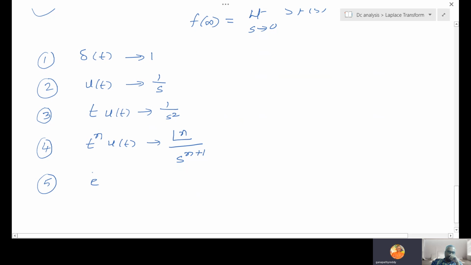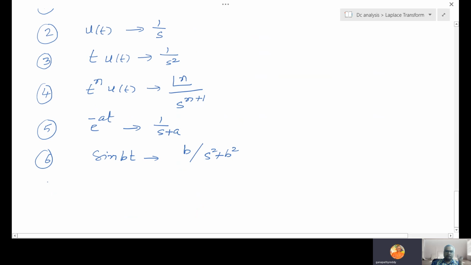Then e power minus at is 1 by s plus a. Sin bt is b by s square plus b square. Cos bt is s by s square plus b square.